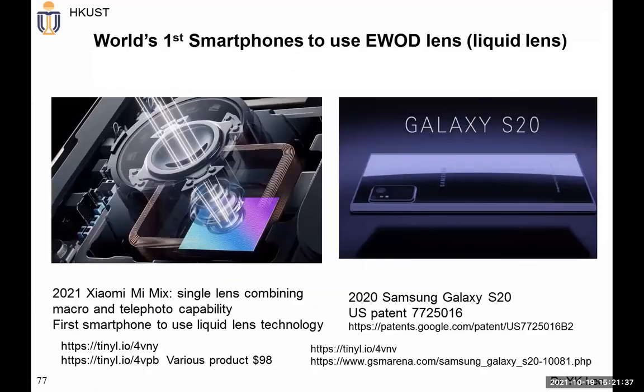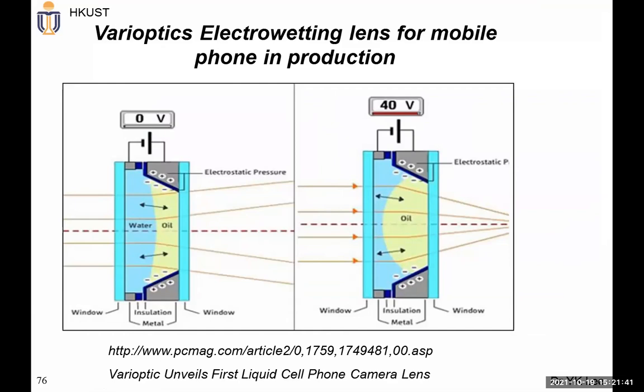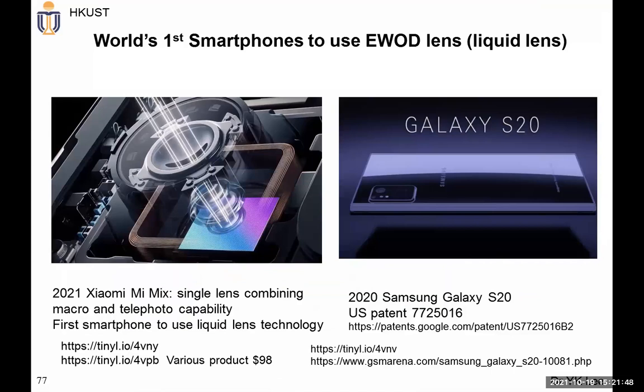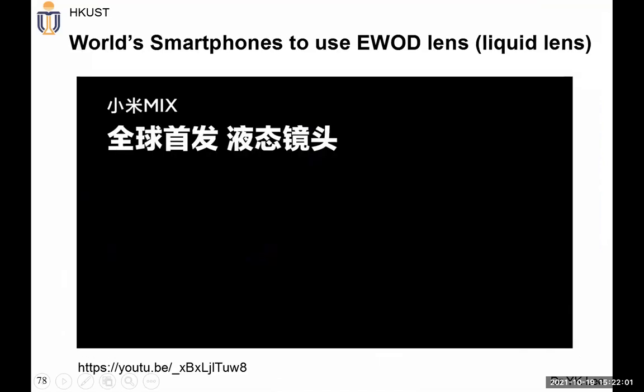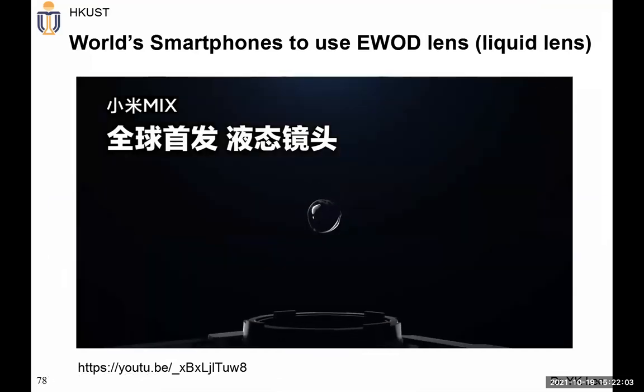As I mentioned, several years ago this French company made a prototype, and eventually we see Samsung in Korea and Xiaomi in China really trying to push electrowetting as a liquid lens for the real smartphone.